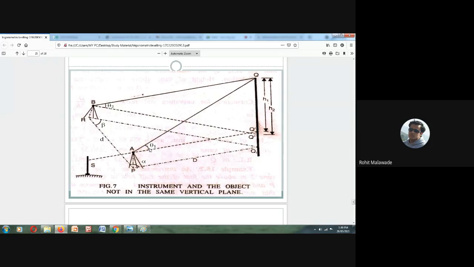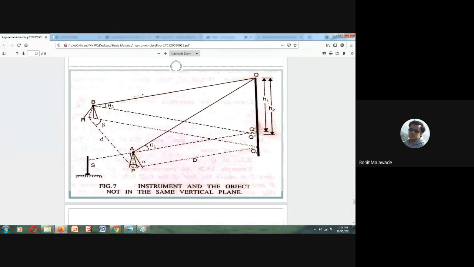Then sight the instrument with respect to R, and keep the horizontal circle at 0 when taking this particular reading.